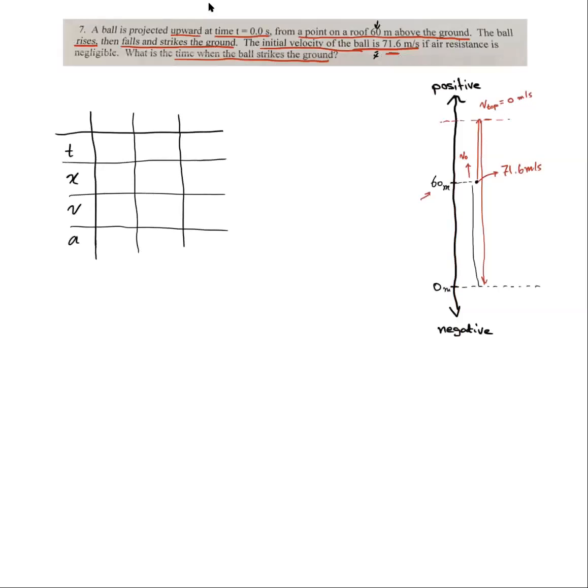So the question was, how many parts to this motion are there? Does it look like a two-part motion where we have to do two steps to calculate what we need? Or is it one part where it's just one step and we get the answer that we want?